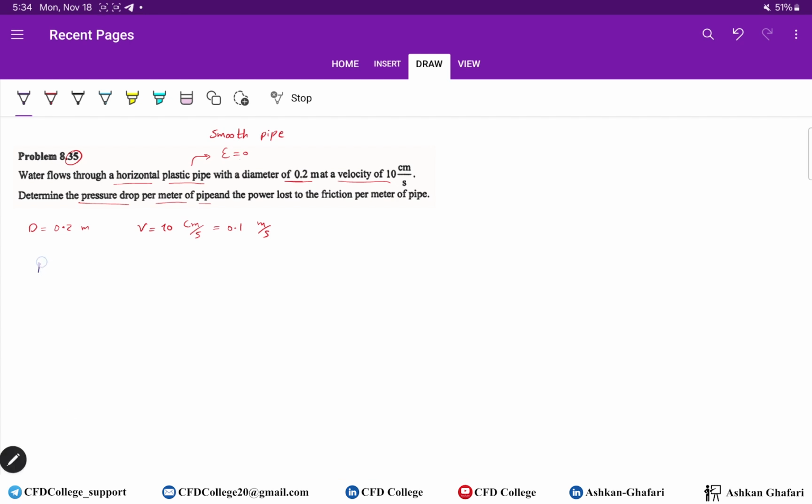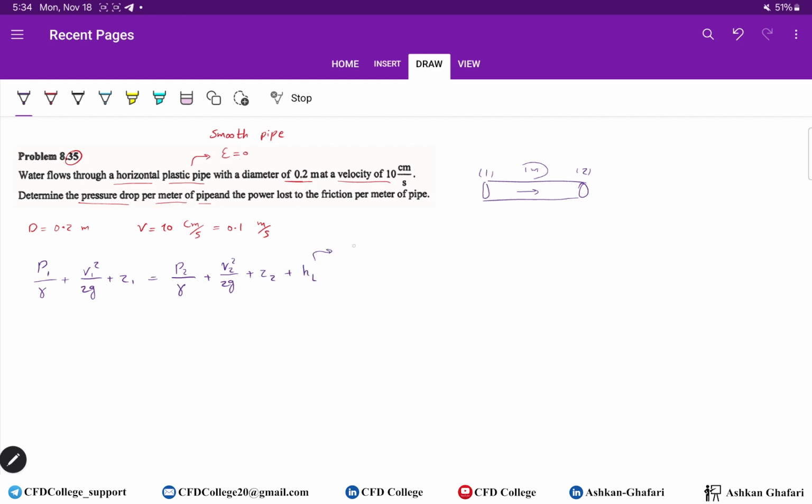So P1 over gamma plus V1 squared over 2g plus Z1, there is no pump, equals P2 over gamma plus V2 squared over 2g plus Z2, there is no turbine, but we have head loss, HL.